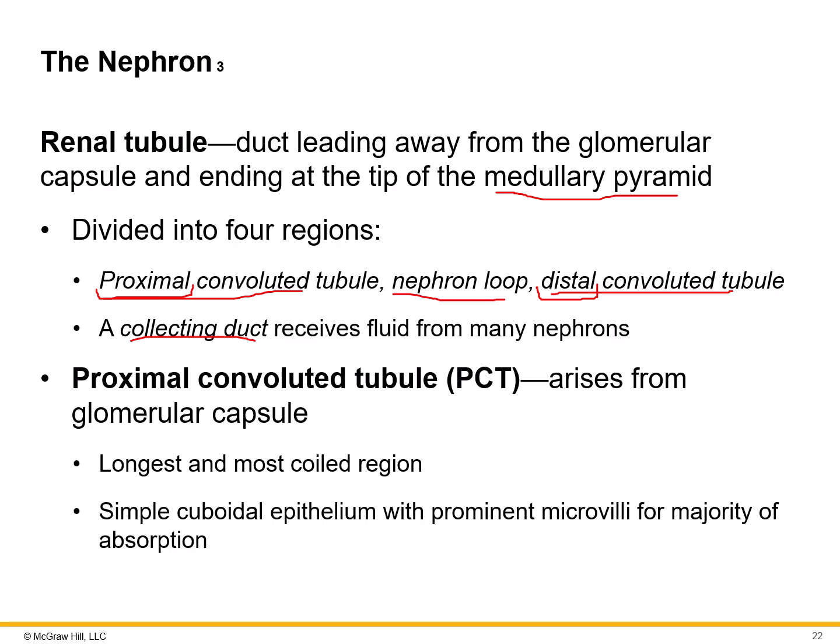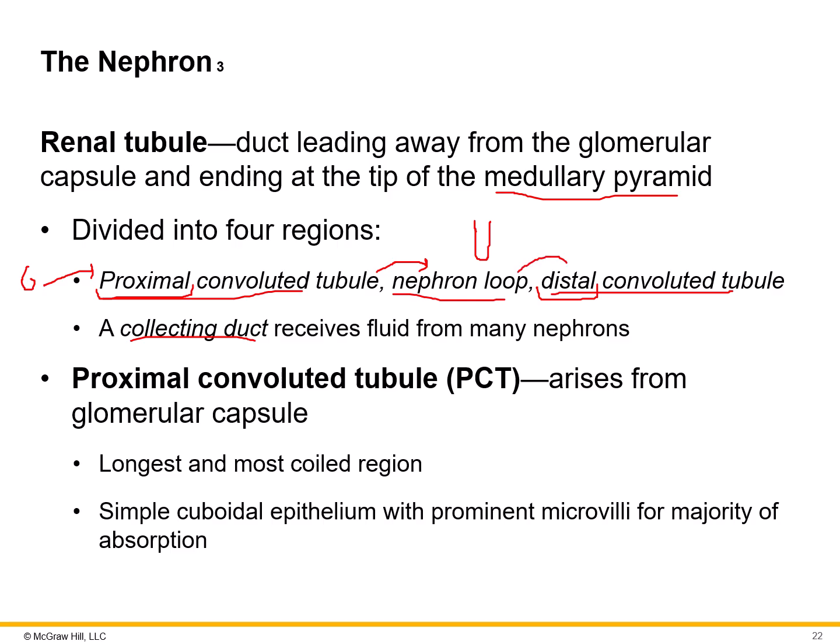We have the glomerulus, the renal capsule. Then we get the proximal convoluted tubule, the closer tubule. Then we get the nephron loop, and that's this big guy that dips down that we talked about before. I called it the loop of Henle. That's same name, same thing, nephron loop.